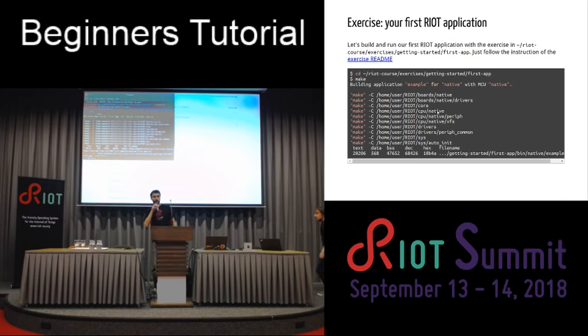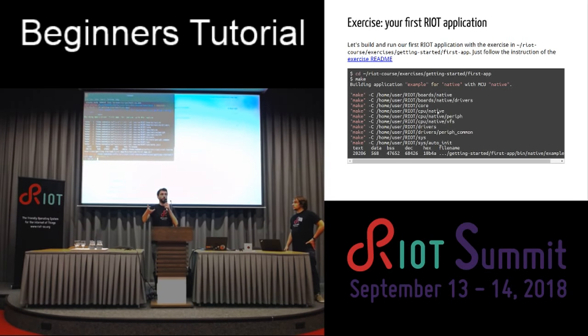So when you build the application, what does it do? If you look through all the required modules or parts that need to be built in your application, here you have a path, and you can see that it goes into boards native drivers to build the required drivers for the native platform. Then it goes into the core, where you have the core OS system, the kernel of RIOT, and other things like inter-process communication.